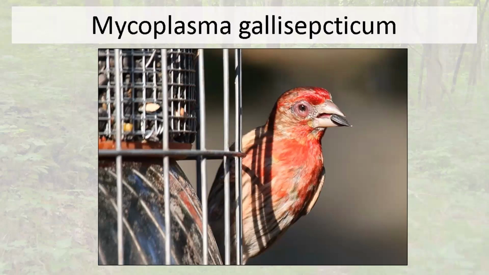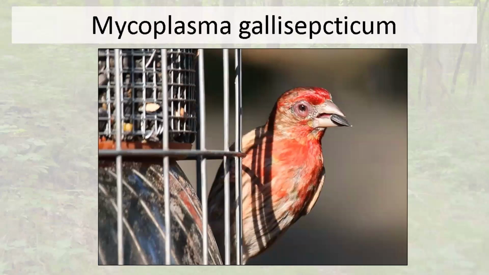Mycoplasma gallisepticum is a very interesting disease. You see the species epithet gallisepticum. The galla part refers to chickens or poultry. Gallus means chicken, but as best as researchers from Cornell can tell, this disease actually came from turkey farms. It was kind of a poultry disease, and house finches, like this guy here, contracted a strain of Mycoplasma from a turkey farm.